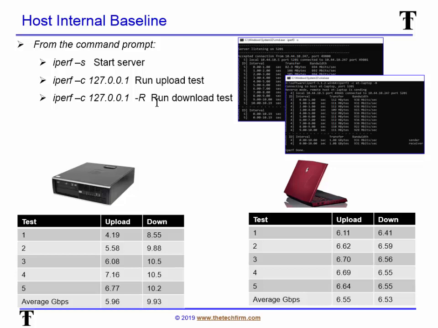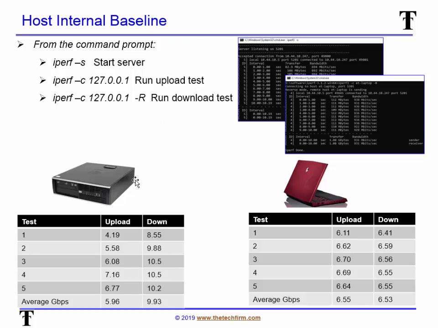In some cases, you might not be able to write to it, like a web server, for example. You might just be able to test downloads, but you still should do this internal test because some systems behave pretty weird, or the drivers or something funky in your computer will affect that upload or download test.